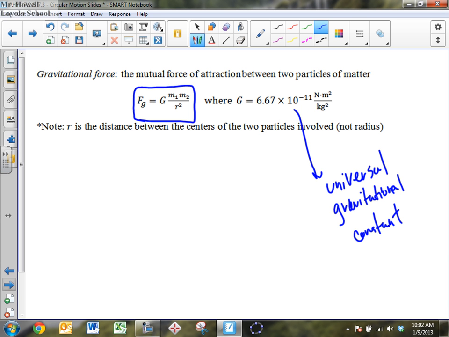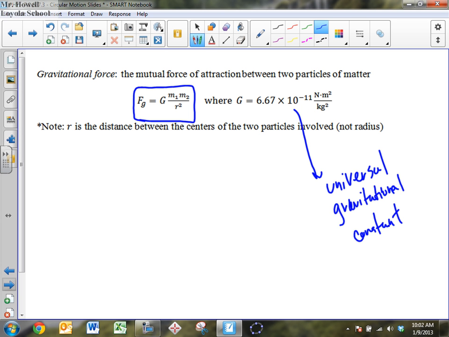Now, let's think about this. Earth is able to pull because the mass of the Earth is so tremendous that this M1 value for the Earth, and say M2 is me or some object on the Earth, this room, the mass of the Earth is so large that it makes the numerator so big, which makes the force of gravity something that you can actually feel.